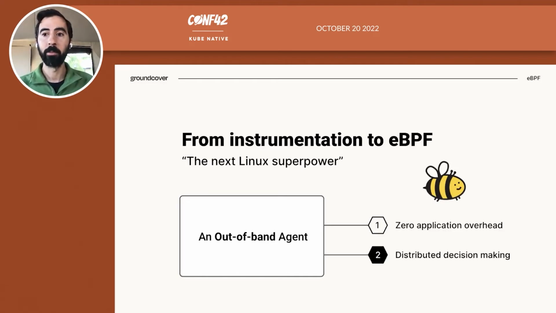And that means that we can make distributed decisions in this agent, which is much more complicated than before. If before we had to keep that SDK as simple as possible, suddenly we can put much more sophistication into this agent, since it's running completely out of band and not impacting the application it's trying to monitor.